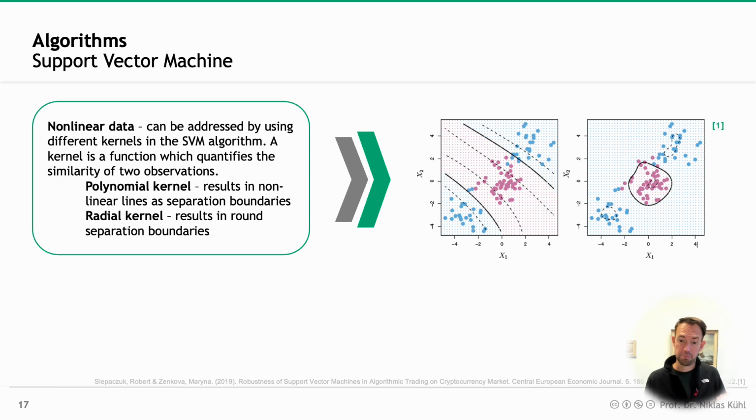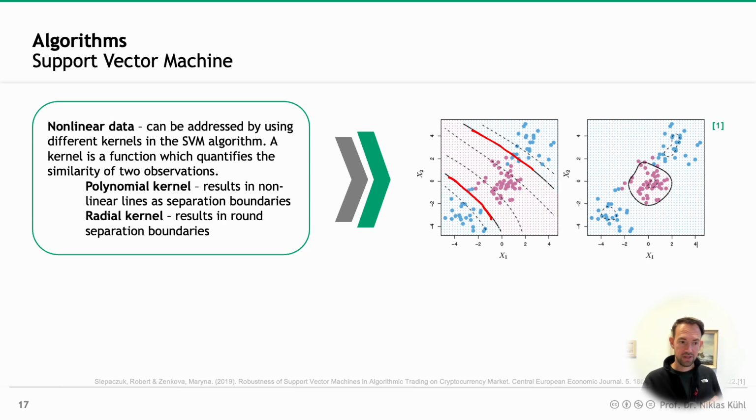And kernel, again, is a parameter that we can pick for the support vector machine algorithm, right? And there are different ways, as you can see. We can have polynomial kernels like the one on the left over here, in this case even with multiple hyperplanes.